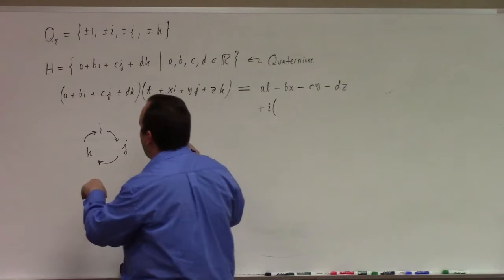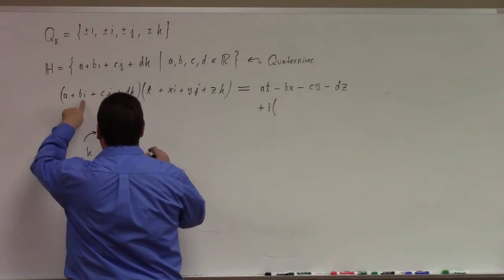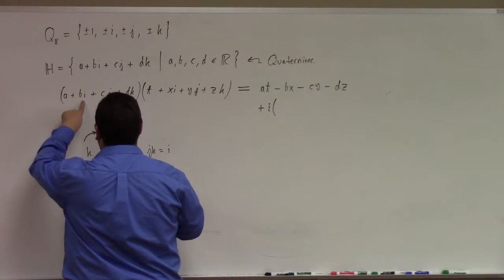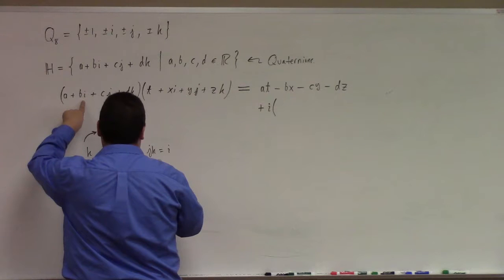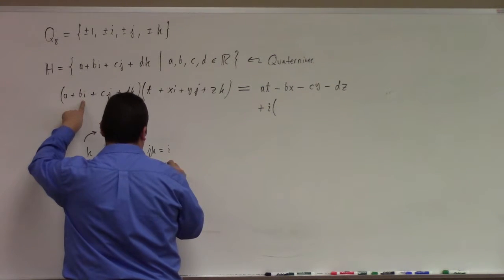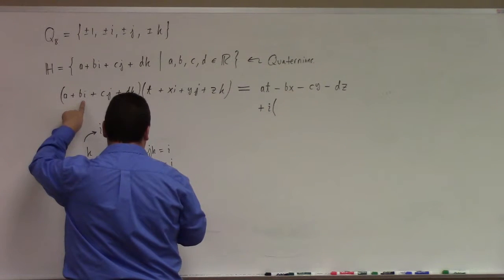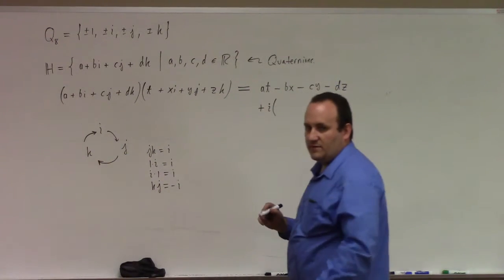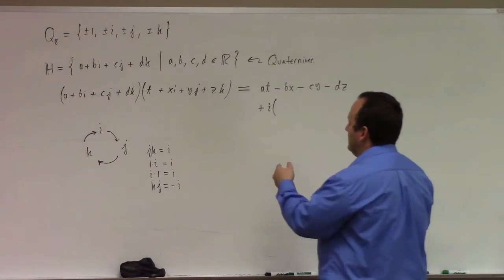So how can I get i? I can get i from j times k equals i. I can also get i from 1 times i, or i times 1, which is i. But also k times j is minus i. So those are the 4 different ways I can get i.